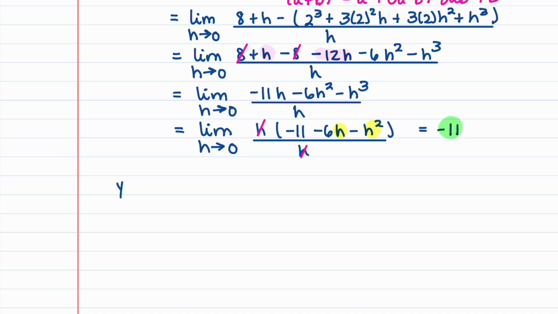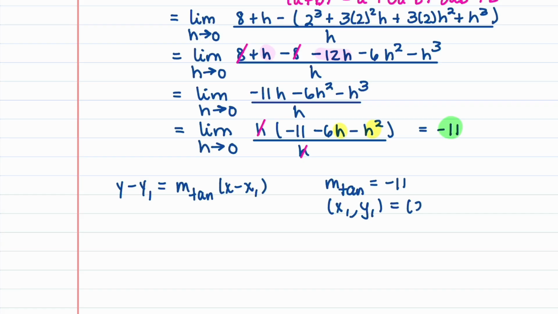Let's write down our formula again. It's y minus y1 is the slope of our tangent line times x minus x1. And the slope of our tangent line, we just computed to be minus 11, and our point x1, y1 was the point 2, minus 6.